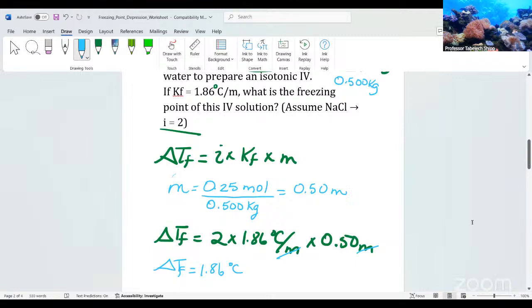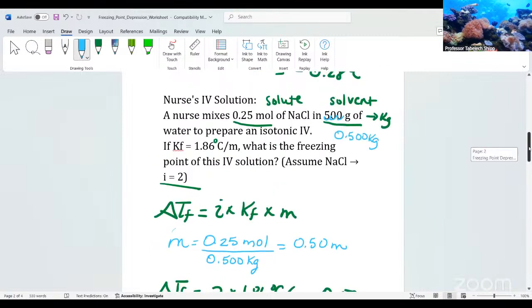So again, if we go back to what we were talking about, we were trying to figure out what the freezing point was equal to using our formula, I times K of F times molality. In this problem, they gave us the solute and the solvent to find molality.